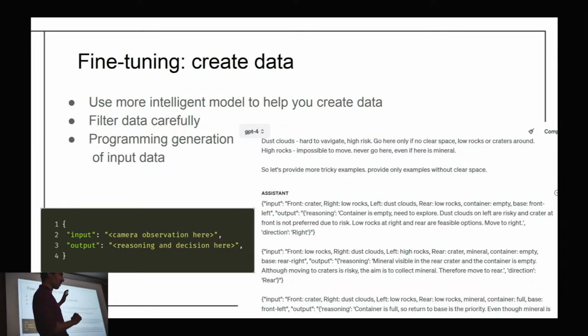So how does the process look? You describe to the model the situation and the data it should generate. So please generate me data for the Mars rover. The data should follow the rules of the game that it could have: dust storms, clear spaces, rocks, whatever, on input.